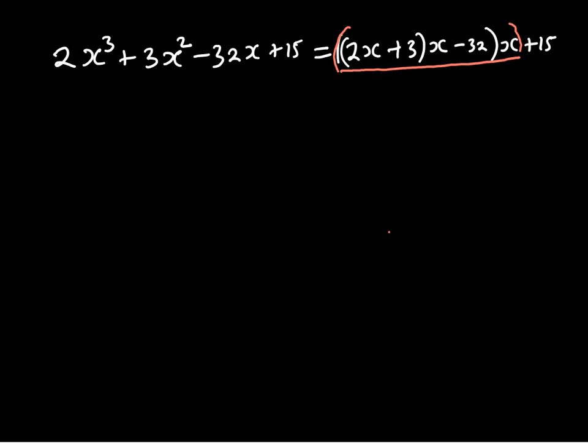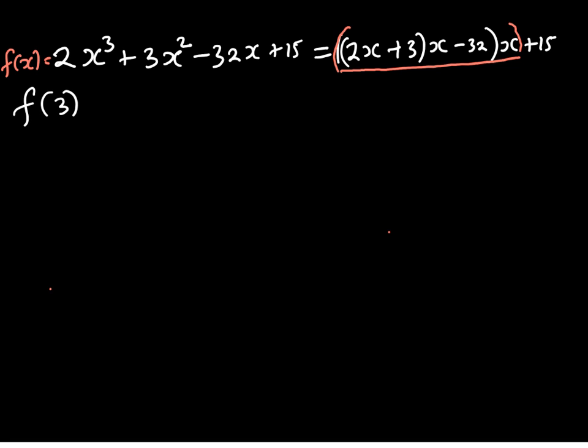So what do we do? Let's look at the factors. The possible factors of negative 15 here are 3 and 5. So let's try to substitute a 3, okay? Now, assuming this is f of x, let's substitute in x equals 3.